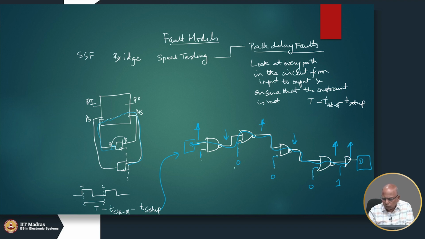If I put a 1 here, for example, the transition will not pass. If I make it a 1, this will become 0. If I make this 0, it will become 1 here. This is known as a transition. It could be a rising transition or a falling transition.